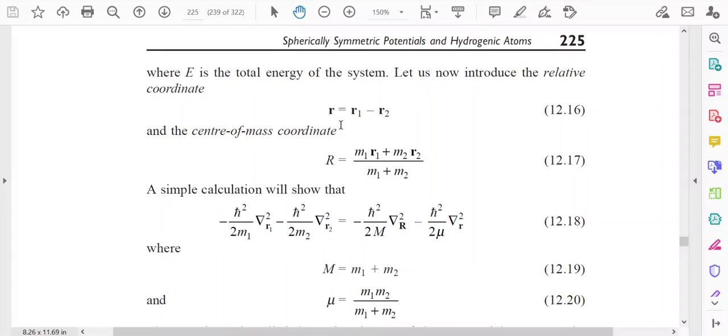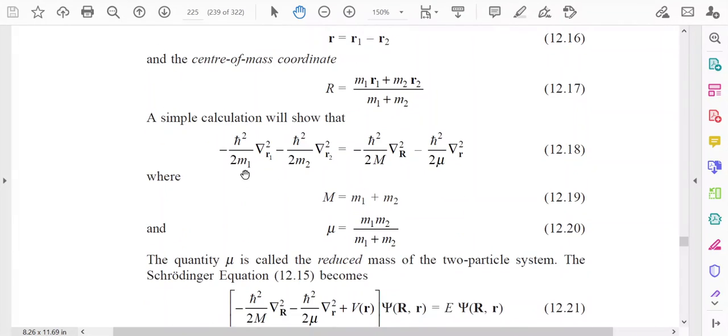We just have to use the relation between small r and r1, r2, which is this: small r equals r1 minus r2, the relative coordinate, and the relation between capital R and r1, r2, which is m1 r1 plus m2 r2 by m1 plus m2. From those relations we can show that this left hand side is equal to this right hand side.